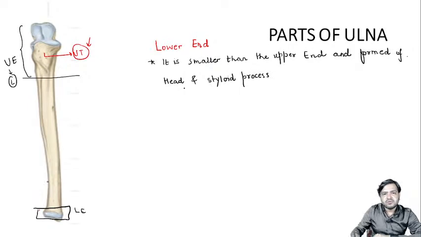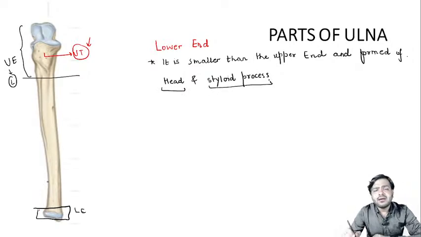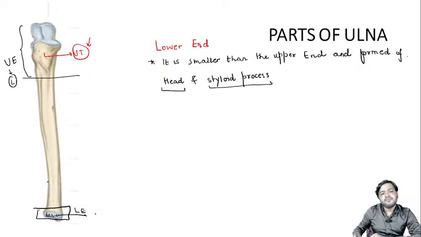So remember we have two parts of the lower end, that is the head and the styloid process. One major thing that you should notice is that at the lower end you will find the head of the ulna.